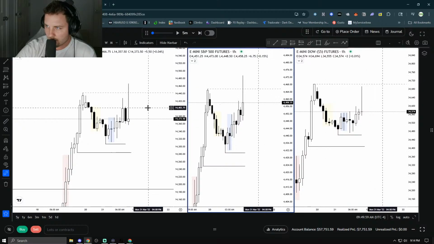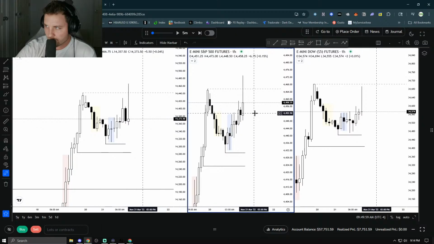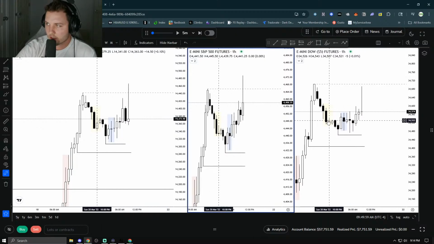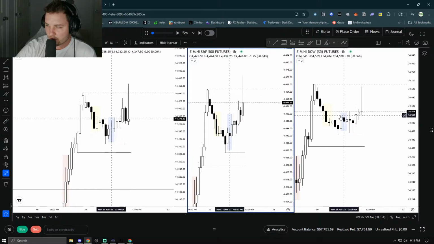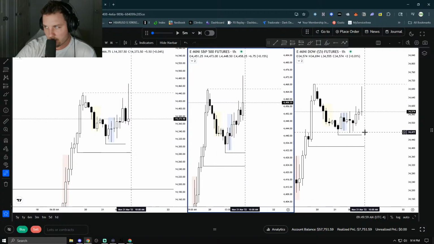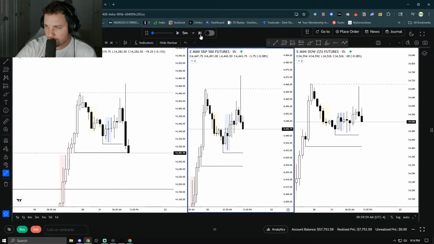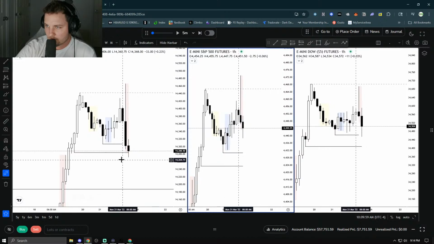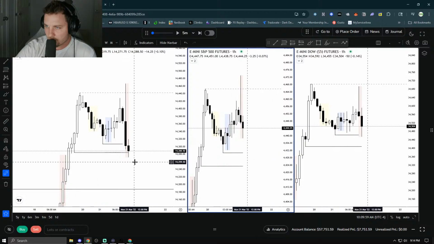SMT. So now I'm looking at body closures. I'm looking at what's weaker. So we have a bullish body close, bearish, bearish, higher high, higher high, higher low. So obviously ES is weaker. Let's get the closure. Okay, and NQ just rips down. SMT. Interesting.